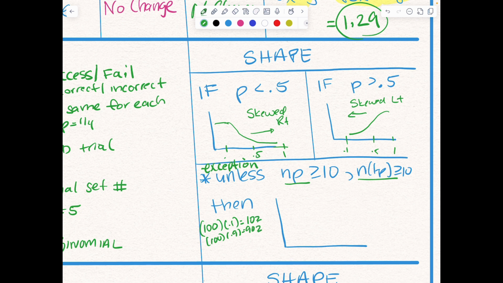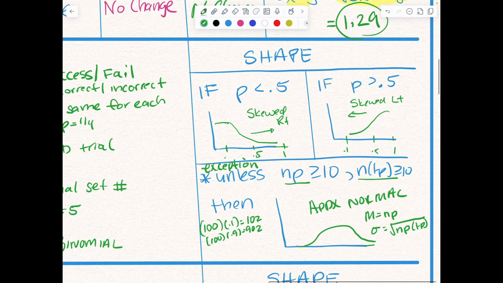Both of those are greater than or equal to 10. In that case, it's going to look like a normal model, approximately normal. And now you are able to use the normal model with the mean equal to np and the standard deviation equal to the square root of np(1 minus p). Then you can use the normal model in order to solve your problems.